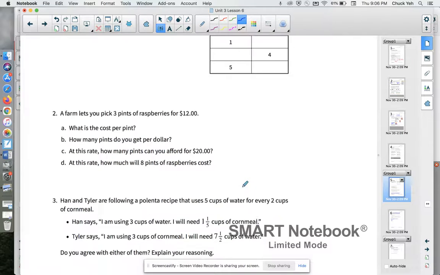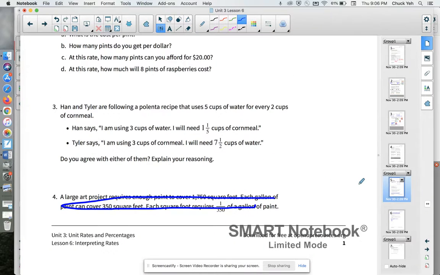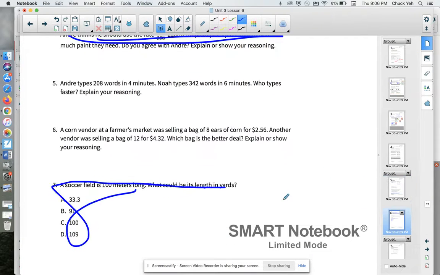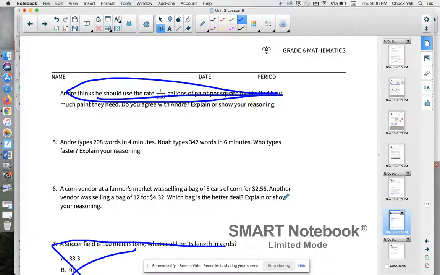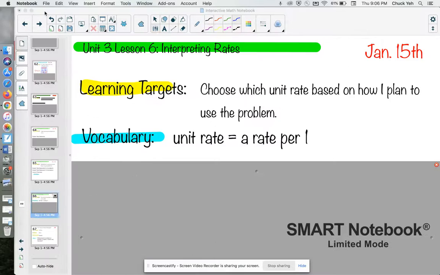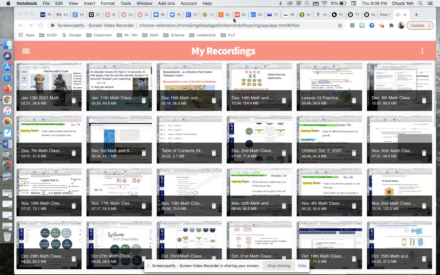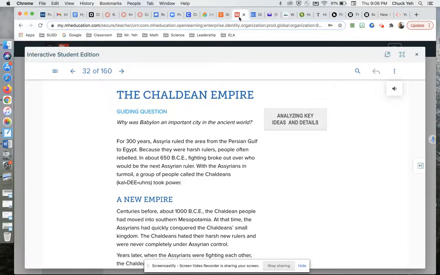So 1, 2, 3, and then 5 and 6. So 5 problems to do. If you get finished with that, please continue to read the next part of the social studies reading.